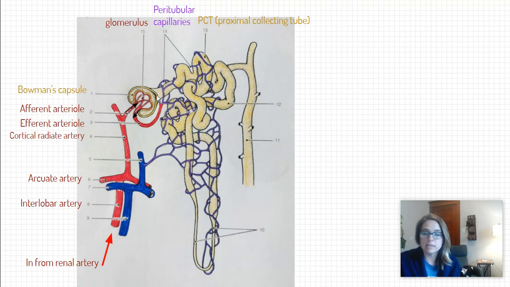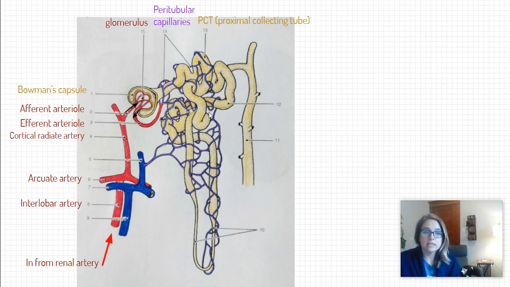Proximal because it's closer to the Bowman's capsule, this point of attachment, just like the proximal part of my arm is near my shoulder, whereas my fingers would be the distal part of my arm because they're further away. So this part that's closer is the proximal, PCT for short.